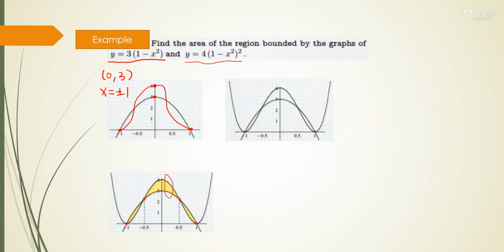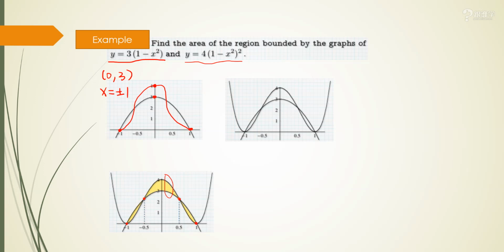When crossing this point of intersection, the top curve and the bottom curve exchange their positions. So we must determine this point of intersection because during different parts of the region, we need to express the length of the vertical slices in different ways.